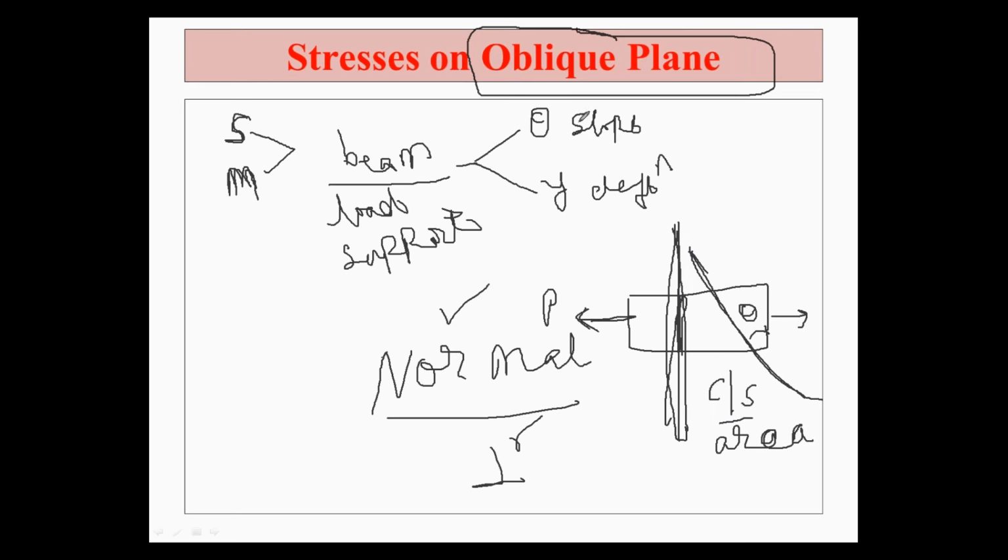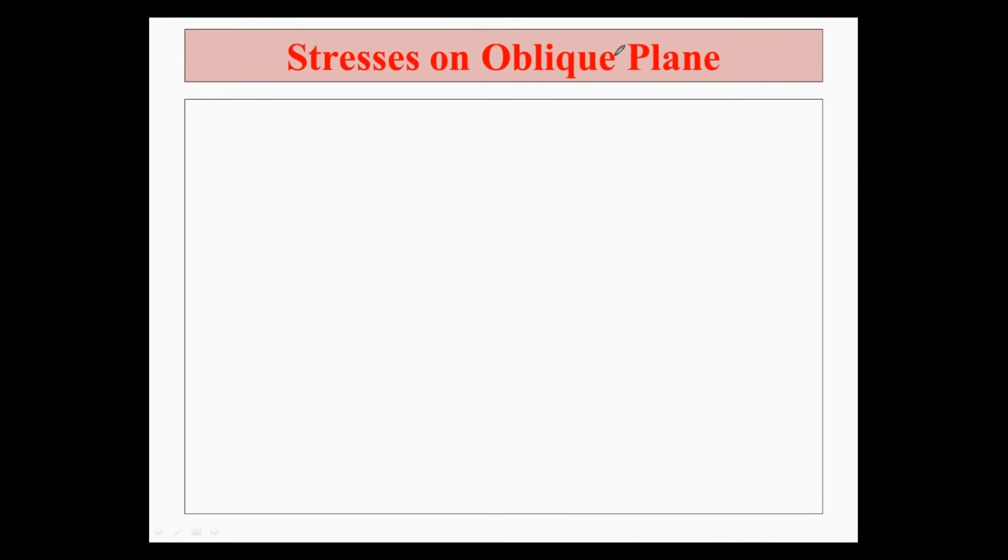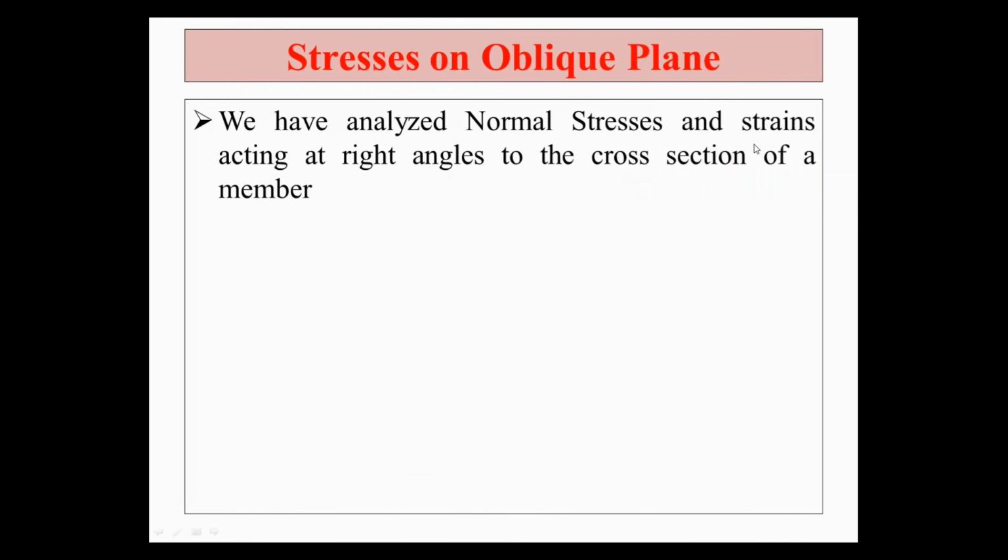Now in this case we are taking the oblique plane, wherein we determine all the stresses. Now see here. We have analyzed normal stresses and strain acting at right angles to the cross section of the member up till now.